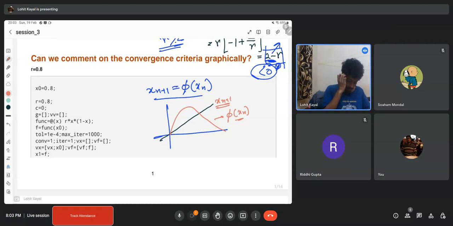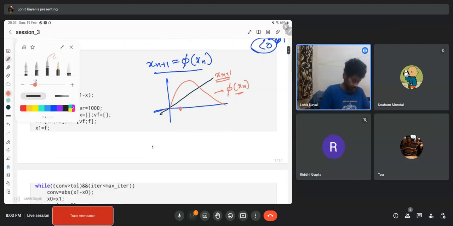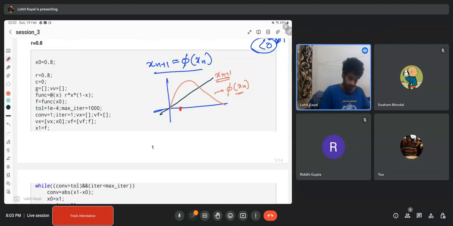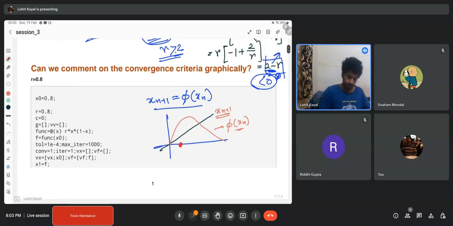Suppose I am at x n. Phi of x n means I will go straight to this point, and at the same height I will get x n plus 1. So this point will be my x n plus 1.